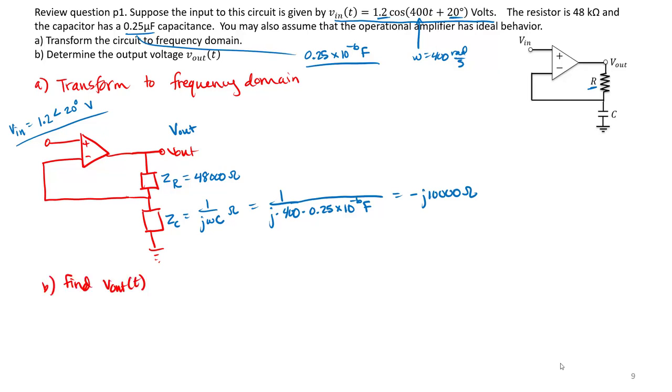All right, so we could do node analysis or use some of our DC tools to find Vout of t, but it turns out there's an easier way. Do we know what this amplifier circuit is? You may recognize this op-amp as a non-inverting amplifier.